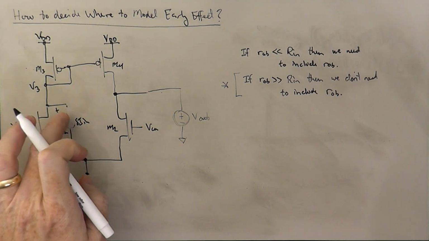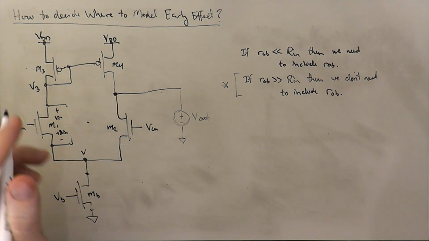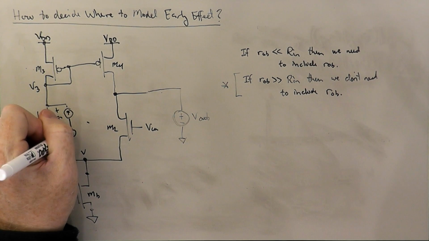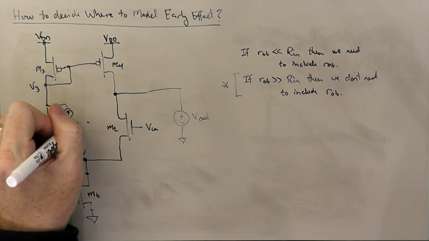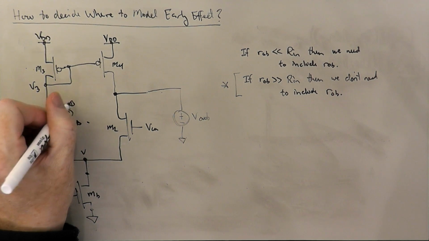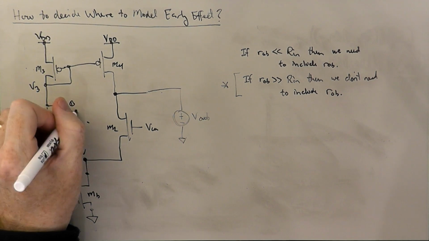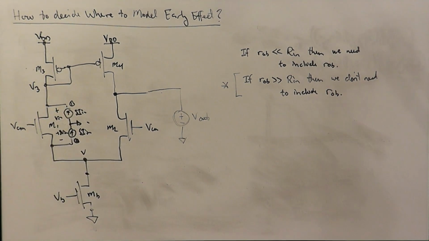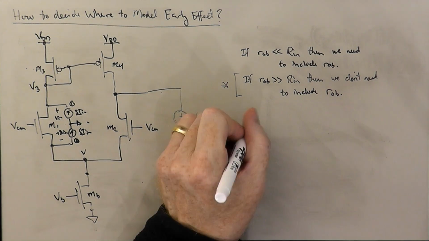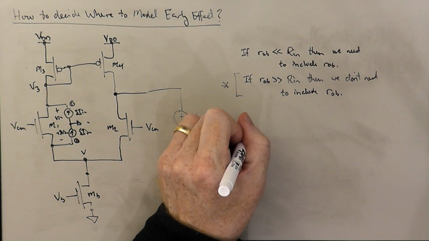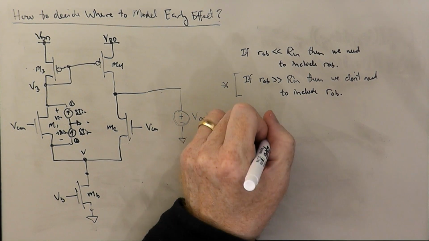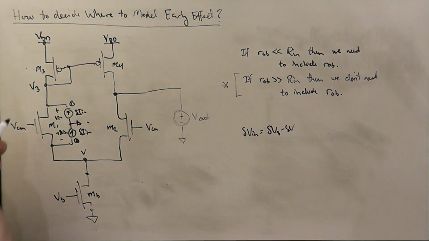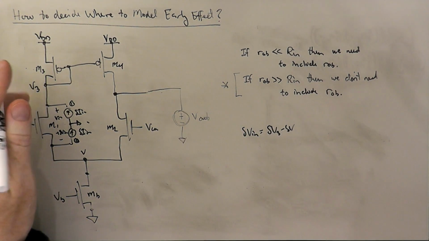We split the source. Ground the intermediate node. 1, 2. Delta In, delta In. Well, in this case, delta Vn is equal to delta V3 minus delta V.